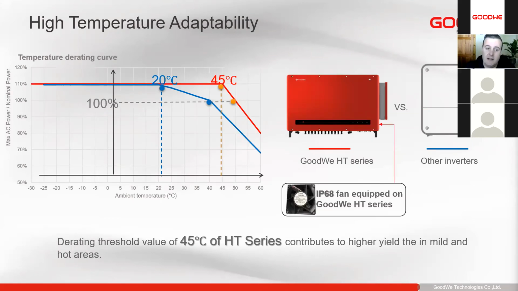As you'll see, our HDs give that 110% output up to 45 degrees Celsius ambient. Only at around 50 degrees Celsius is it at 100%, so we only derate after that. All our devices are fan cooled, with IP68 rated fans, which helps with this derating and gives them a lot longer production at higher temperatures.